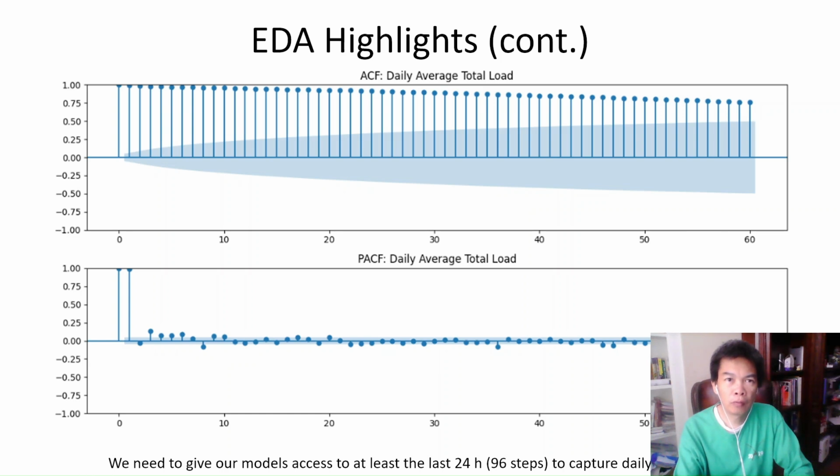So the implication for our feature engineering is that we need to give our model access to at least the last 24 hours. That means, with 15-minute data, we need around 96 data points per day to capture the daily peak, and ideally also the last 7 days, or 672 steps, for the weekly cycle.